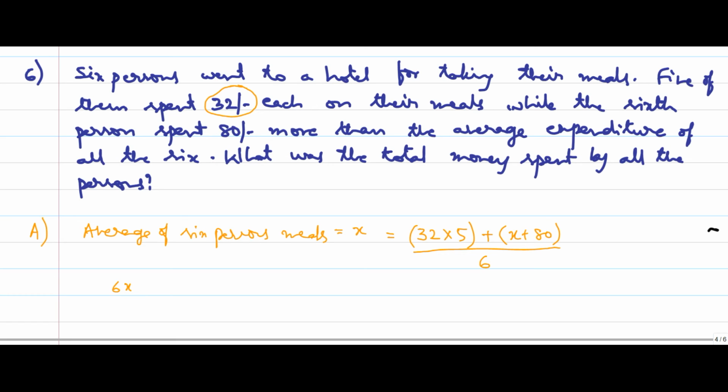So 6x is equal to 3 times 2 is 10... 5 times 3 is 15, and 160 plus 80, x plus 80, which is equal to 240 plus x, which implies 6x minus x.